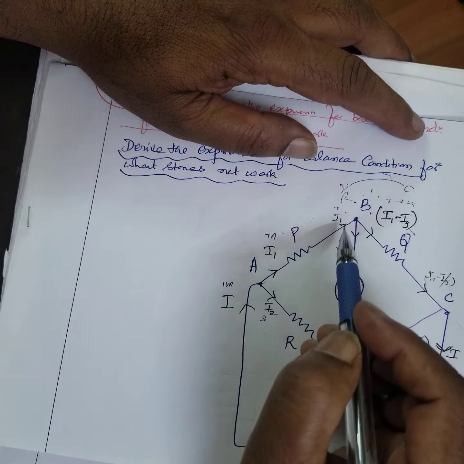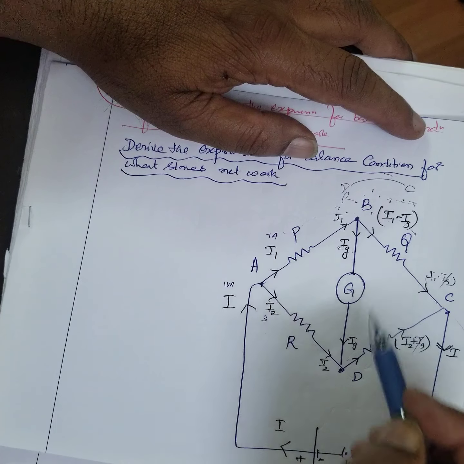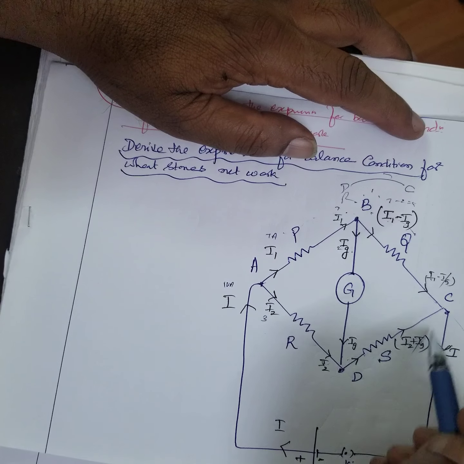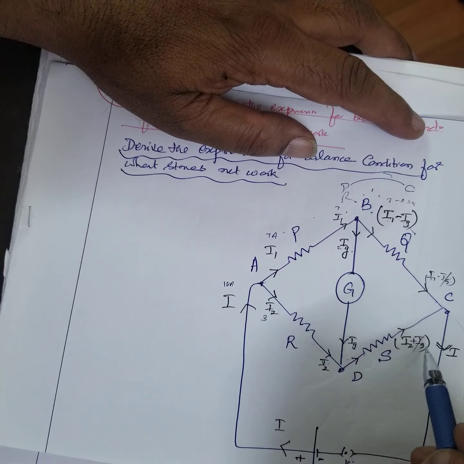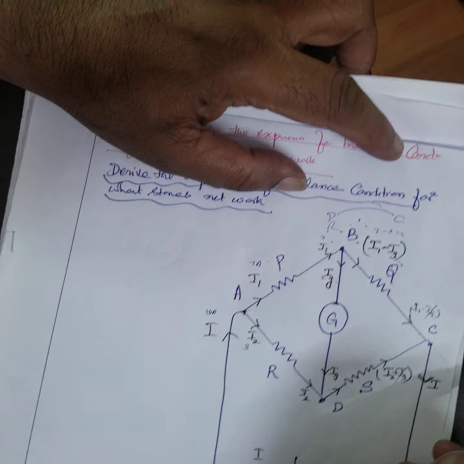Out of I1, Ig goes, and the remaining I1 minus Ig goes in this direction. Here Ig comes, and I2 and Ig add together. Then when both meet, plus Ig and minus Ig cancel, and I1 plus I2, that is I alone, comes here.